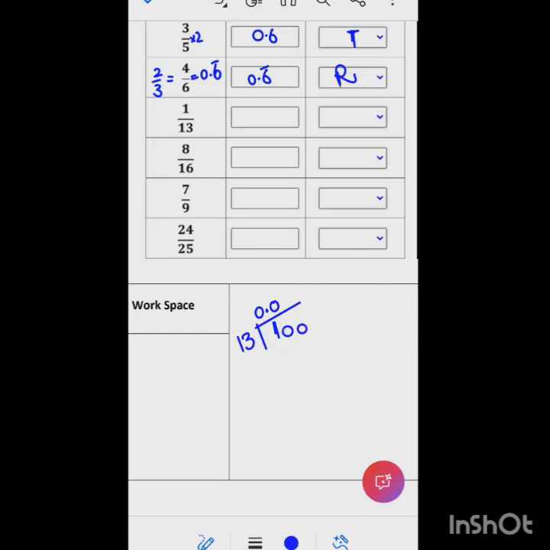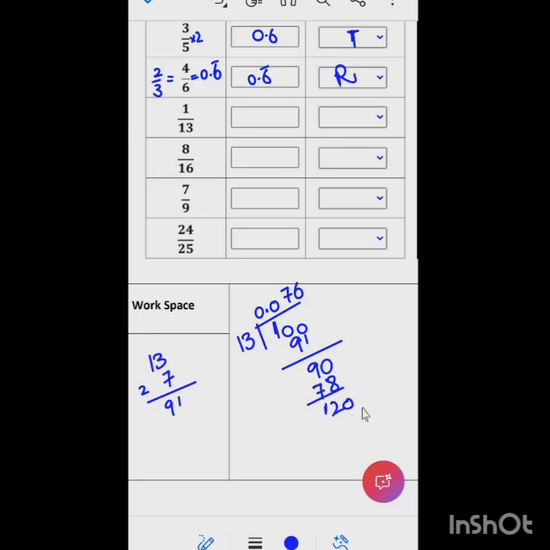Now 13 into which number is closest to 100? 13 sevens are 91. Then 9 becomes 90. 13 sixes are 78. So 12 is the remainder.